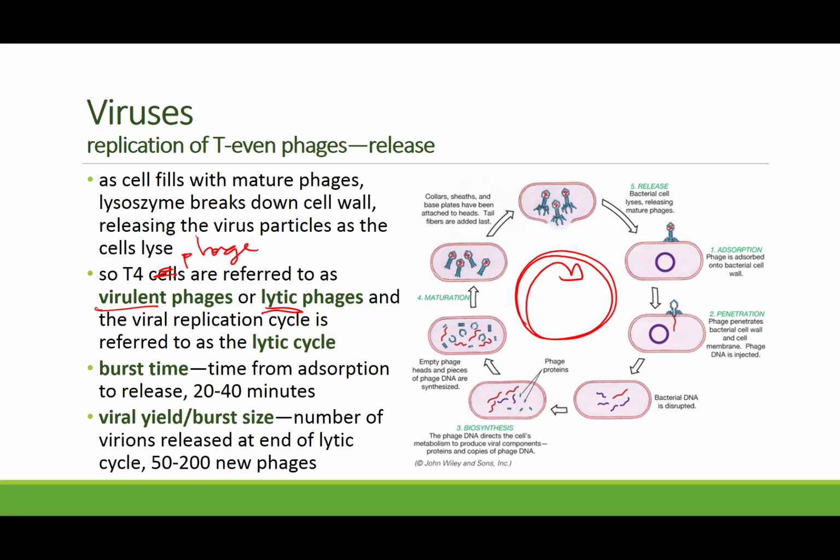And we can talk about the number of virus particles, the number of virions that are produced during one lytic cycle as the viral yield or the burst size. So you can hear either of those two terms. So viral yield or burst size is the number of virions that are released at the end of a lytic cycle. So somewhere between 50 to 200 new phages are released with each lytic cycle.